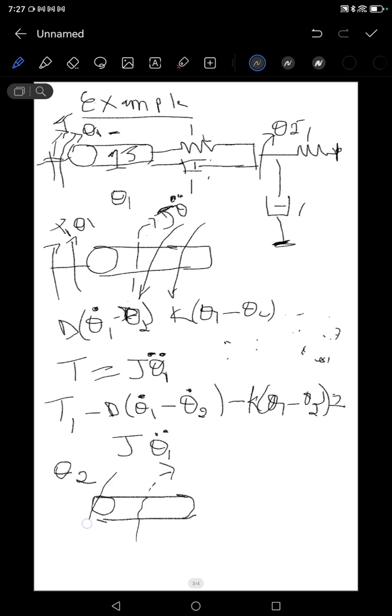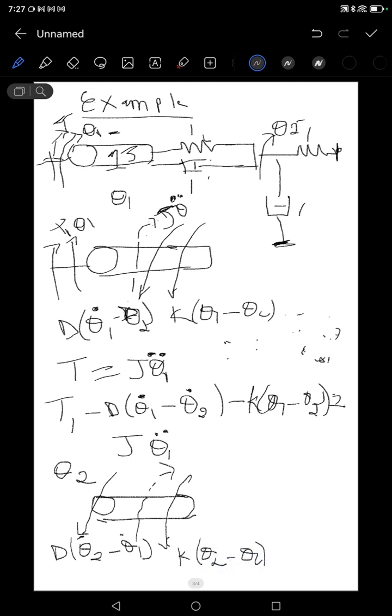So we're going to have D multiplied by theta 2 dot minus theta 1 dot for the second theta. And then we're also going to have the stiffness, which is opposing, so it's going to be K multiplied by theta 2 minus theta 1.